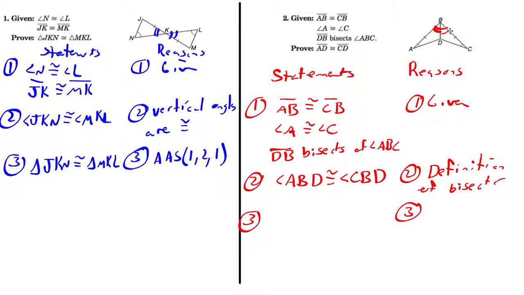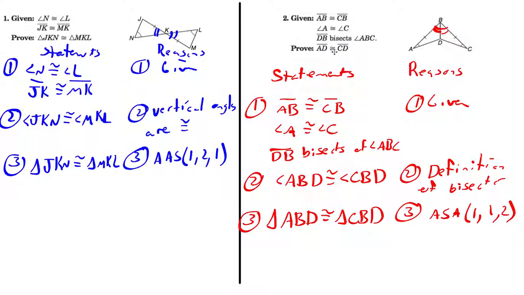Now, if I actually look, I can say those two triangles are congruent. I can say triangle ABD is congruent to triangle CBD, and that's because of angle, side, angle. So I got the first angle in step 1, the side in step 1, and then the angle in step 2.